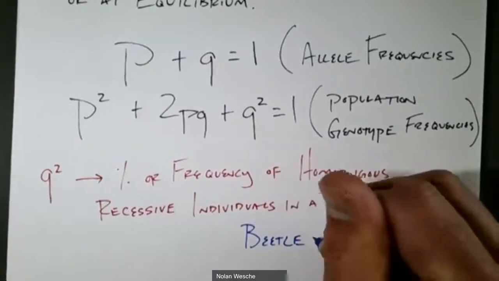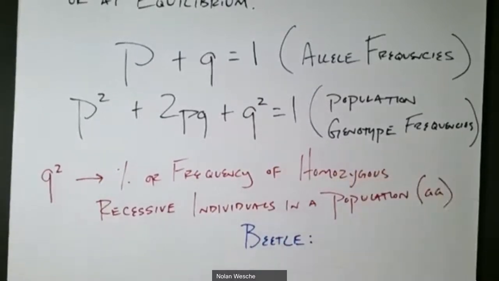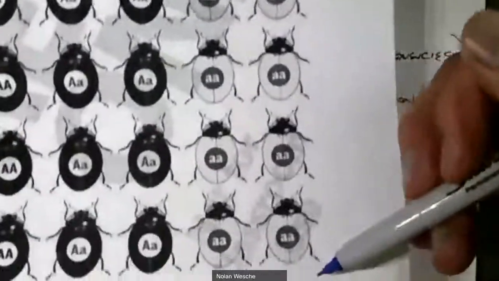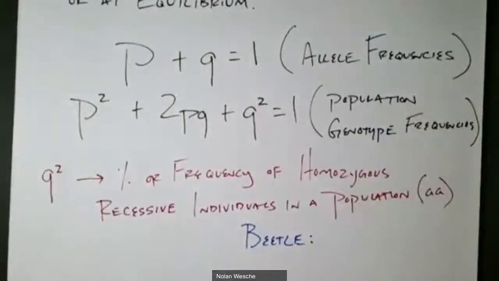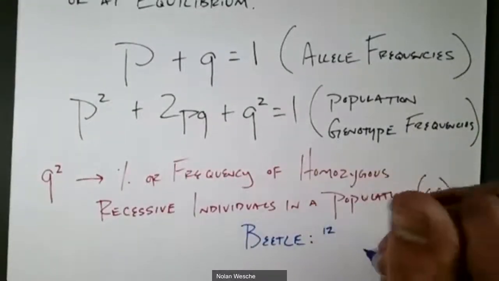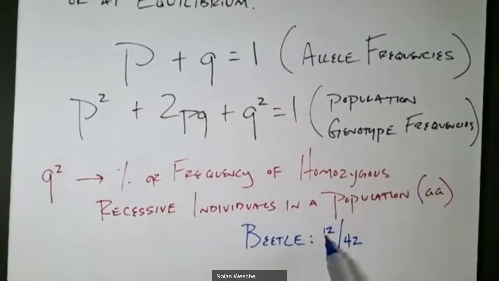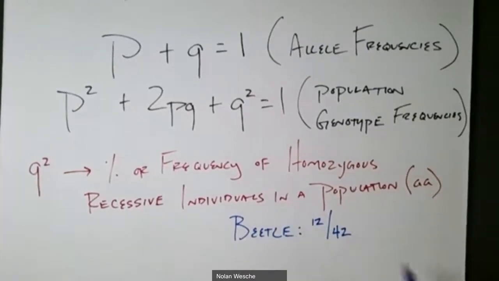So in our beetle example, if we tally these up, we've got 2, 4, 6, 8, 10, 12. We have 12 total beetles that are light colored. And we have a population total of 42. So 12 that are light over the 42 total, right?